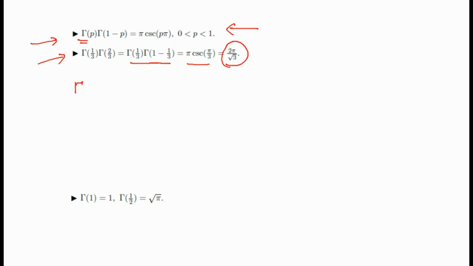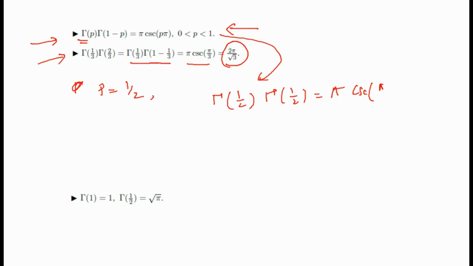Again, if you put p equal to half here, then using that result you get gamma half into gamma half equal to pi cosec pi by 2, and this is equal to pi, so gamma square half equal to pi, so gamma half equal to root pi.